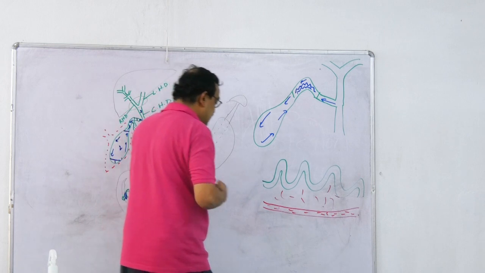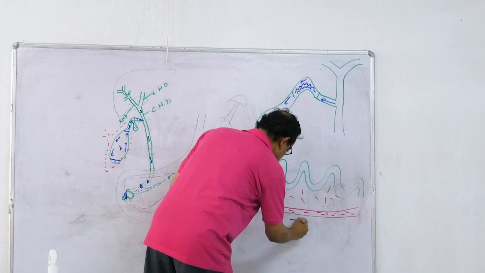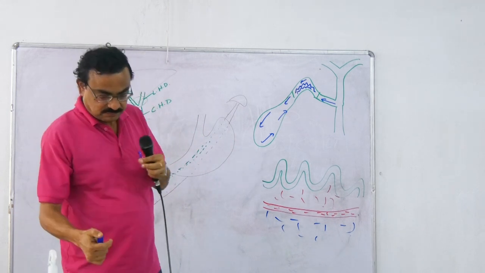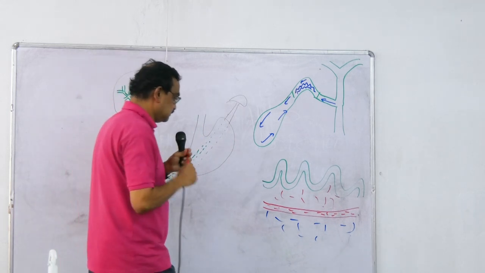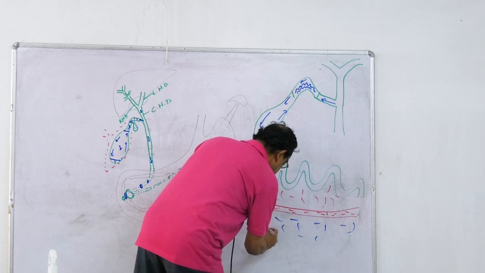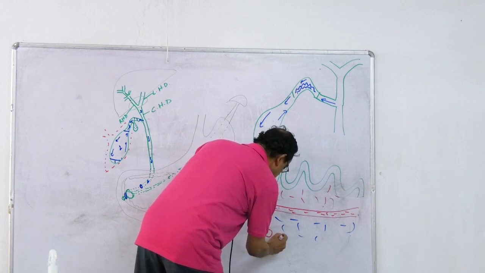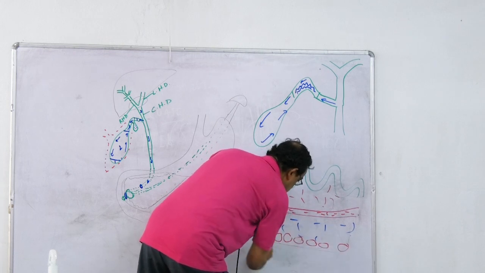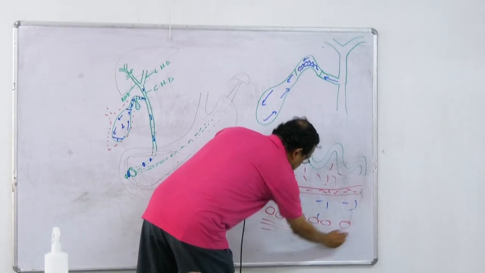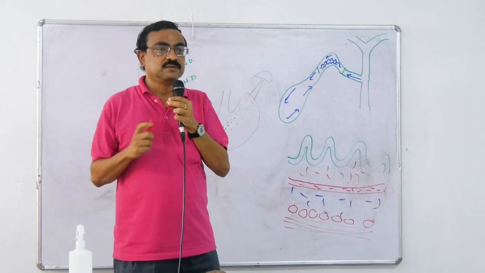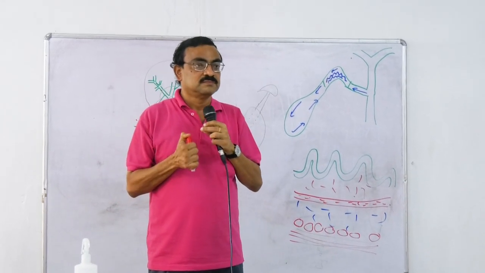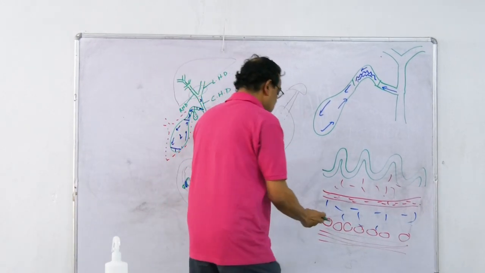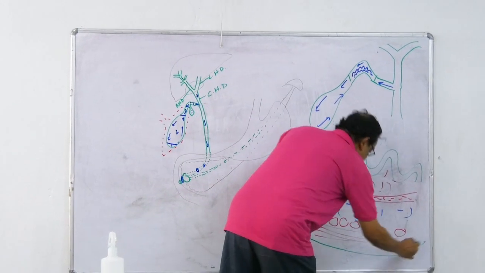Below that we will get submucous layer, and then muscular layer, outer longitudinal, inner circular layer, and most outside is the peritoneal layer.